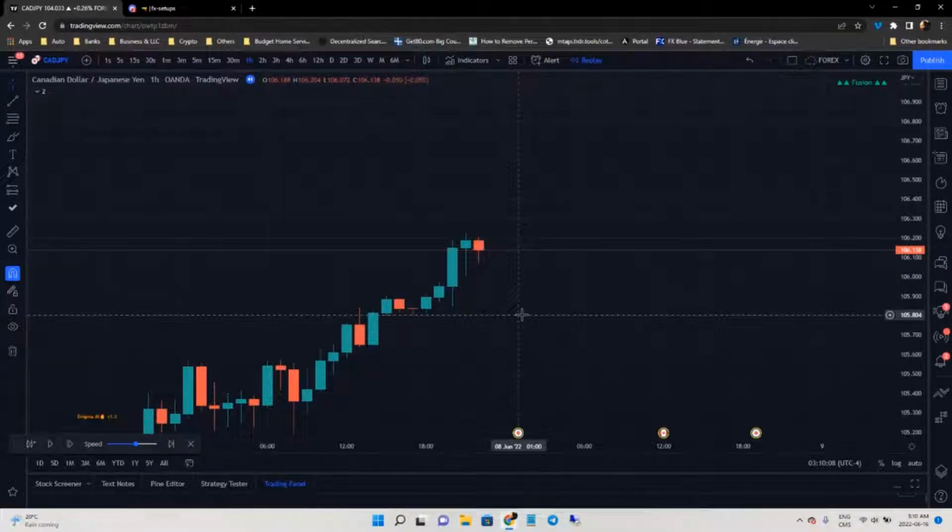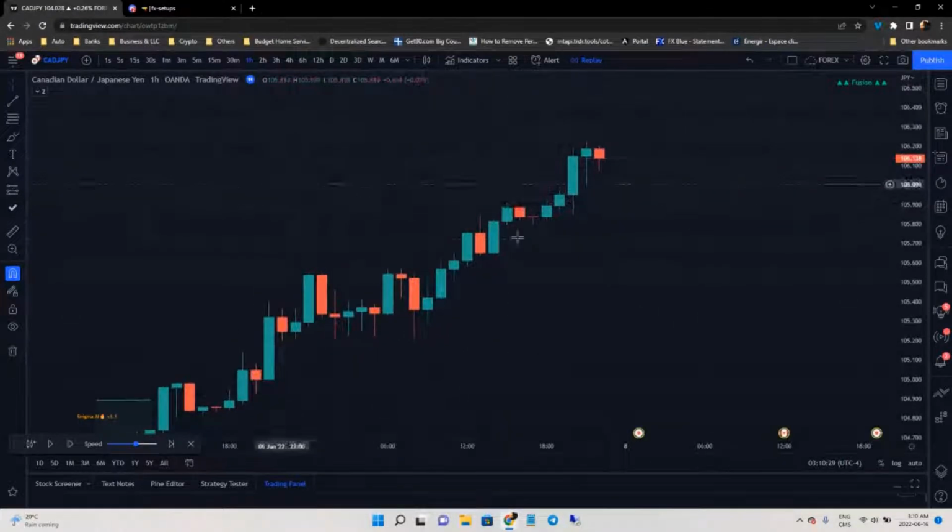You have to add your confluence and your skill in trading, because it's not a copy-paste system. Then you take the trade if it makes sense to you.